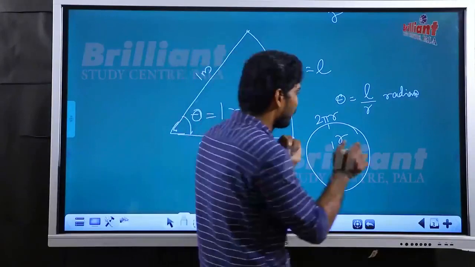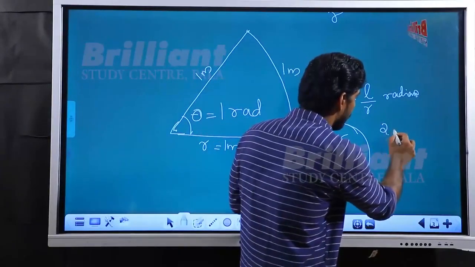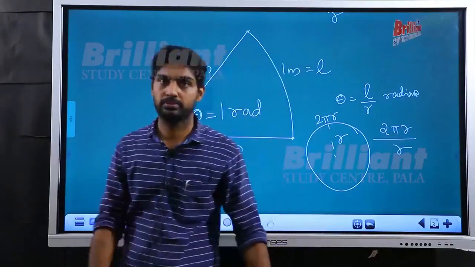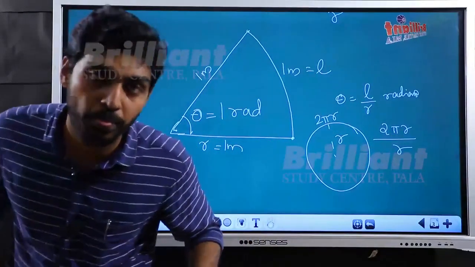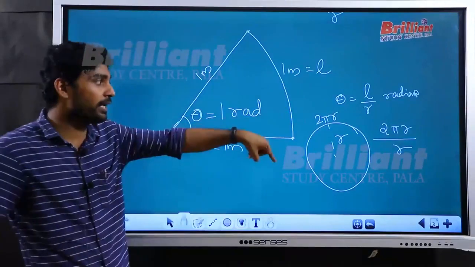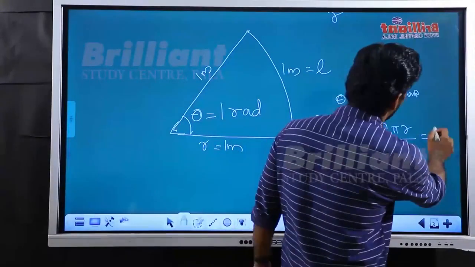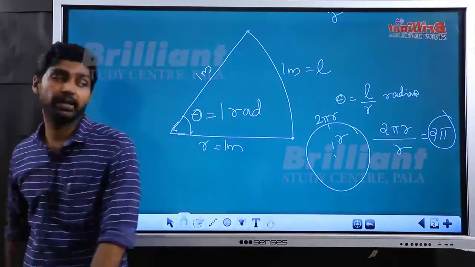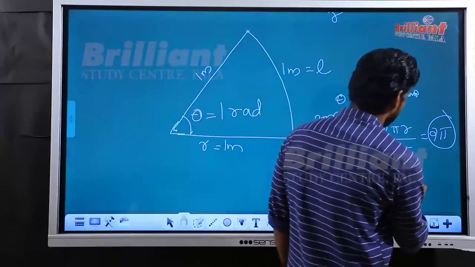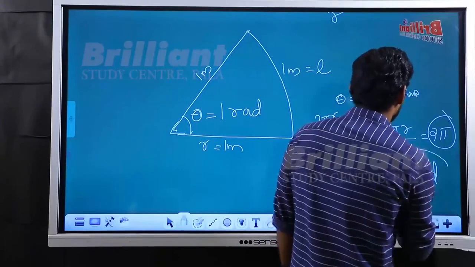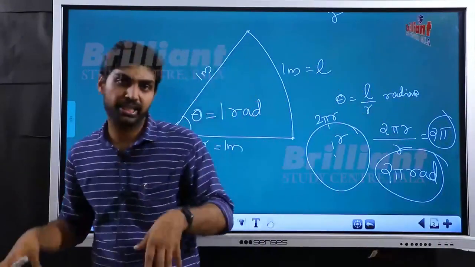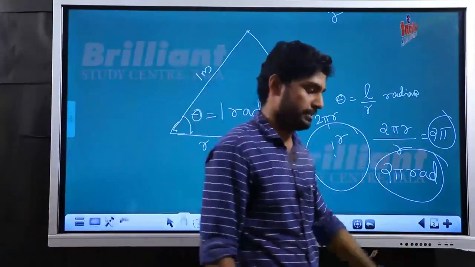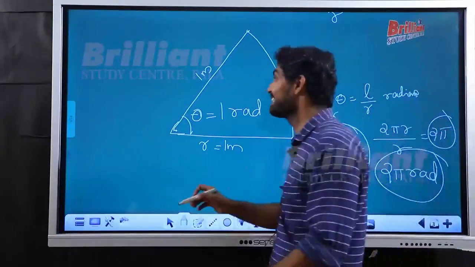It is arc length 2 pi r divided by r, and it comes to 2 pi. So 2 pi radians. So if we are representing in radians, what is the angle corresponding to a full circle? It is 2 pi radians. And that is what we call as 360 degrees.